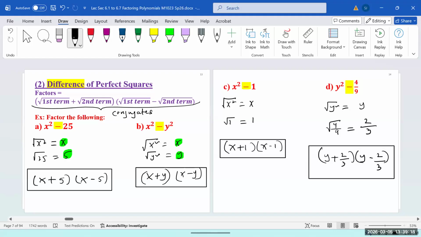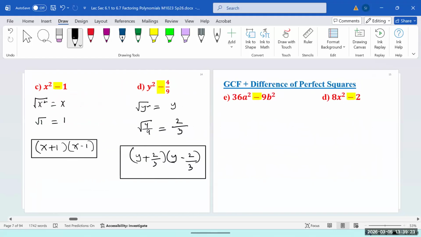Now, building upon this, we have a little bit advanced level of difference of perfect squares. What is the second one? Square root of 4 over 9. On the first one, the square root of x is x and the square root of 1 is 1, so it's x plus 1 and x minus 1.